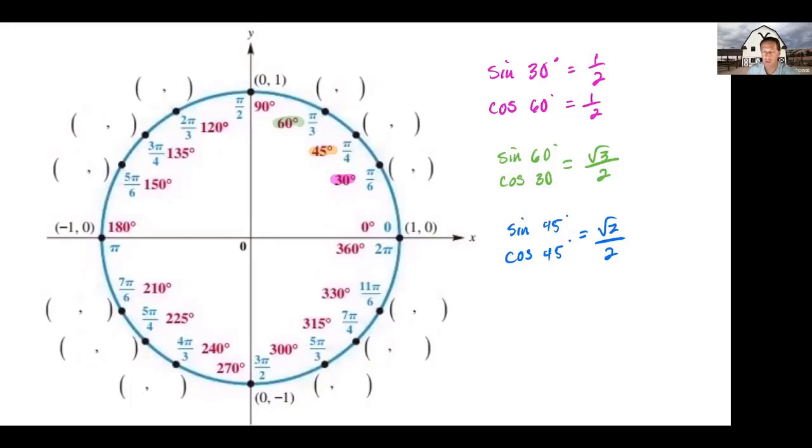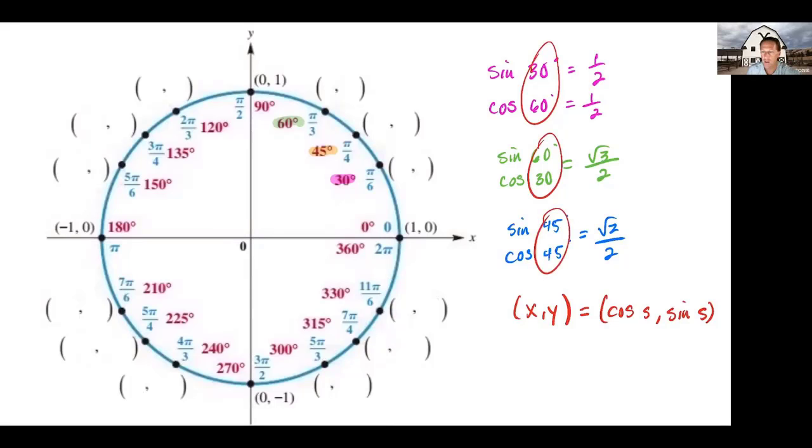And of course, remember we just reviewed that x comma y is equivalent to cosine of our angle comma sine of our angle. So if we have all of these values, then we're good. And if you notice that there's only 1, 2, 3 different values that we really need to memorize for this entire unit circle.